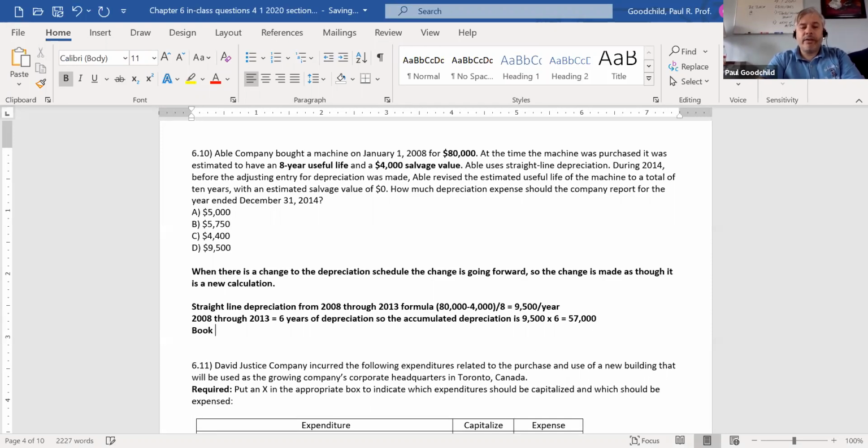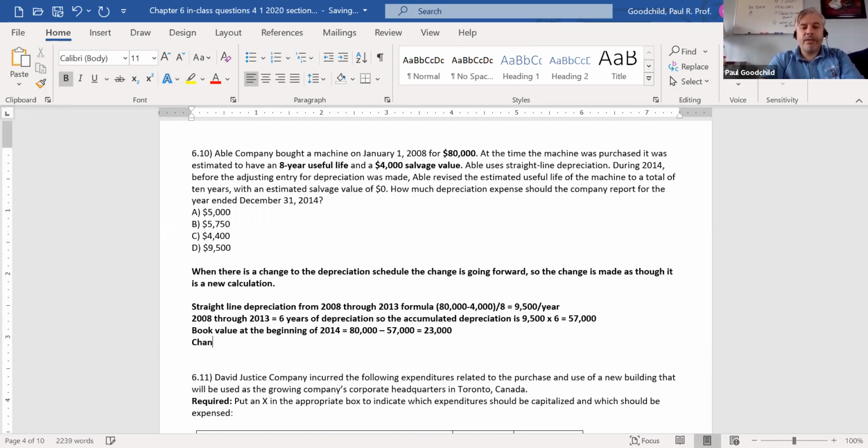So our book value at the beginning of 2014 equals 80,000 minus the 57,000, which equals 23,000.